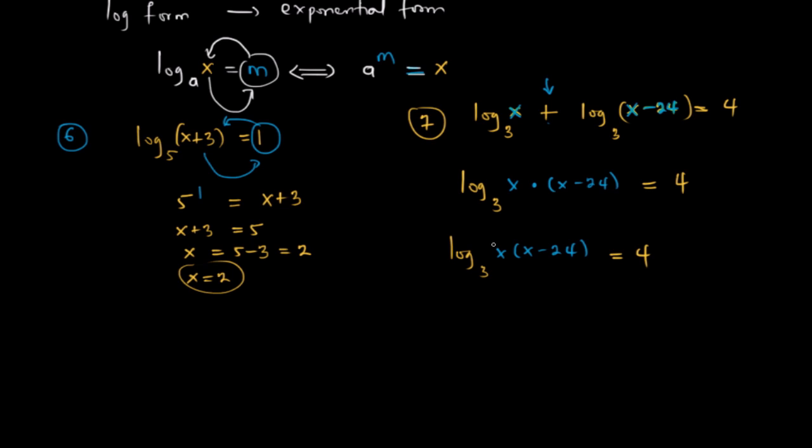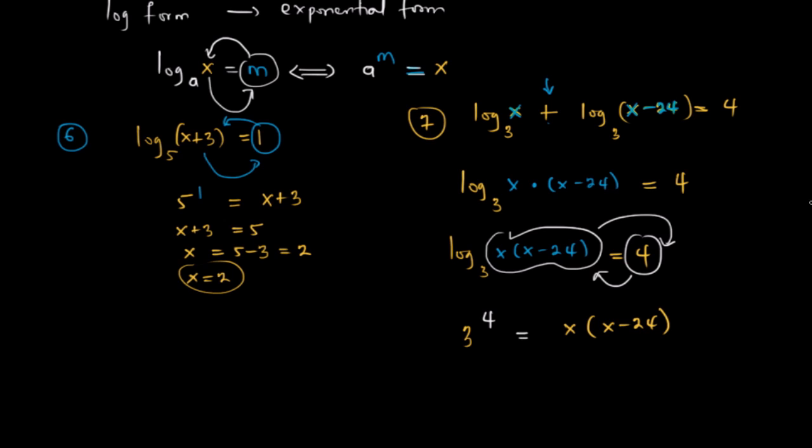And we said to change this, all you need to do is switch places. So what you're going to have is 3 to the power 4 equals x times x minus 24.